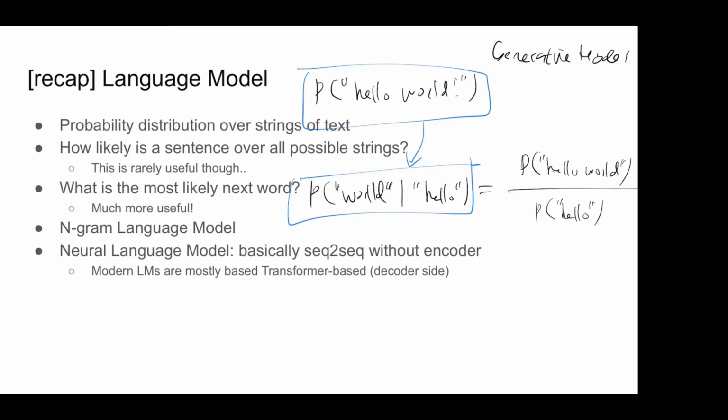And how can we do this? The more traditional method, as we discussed, was the n-gram language model. That's actually very related to how we do this Bayes rule. So we want to compute really this one.